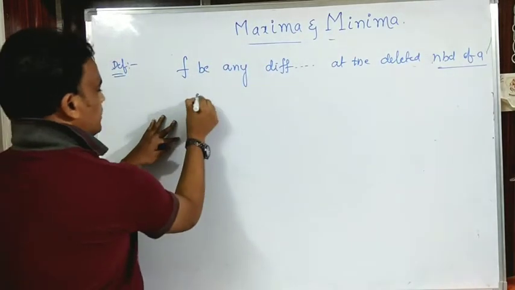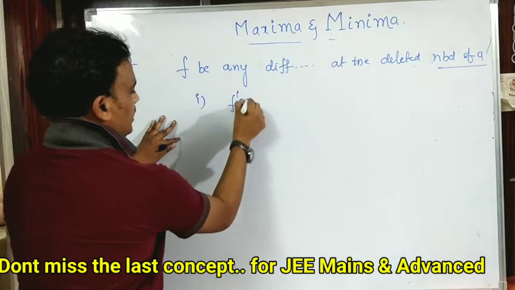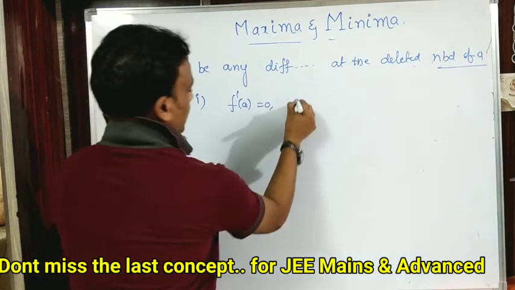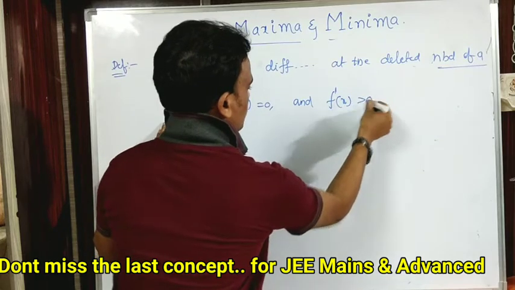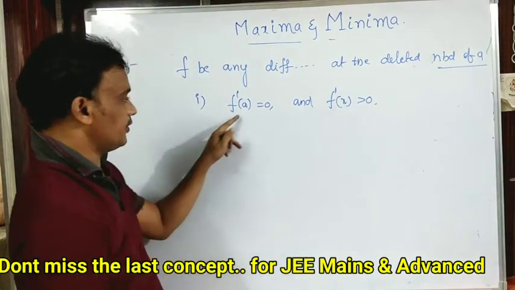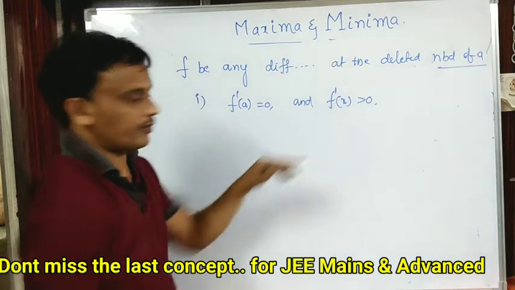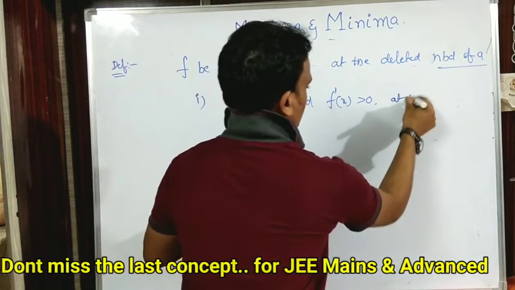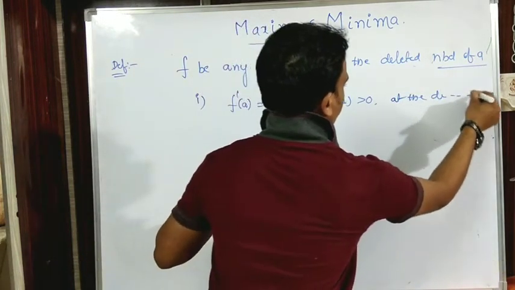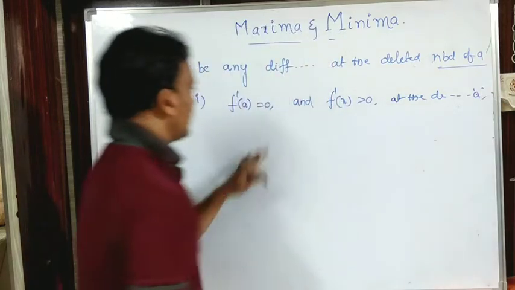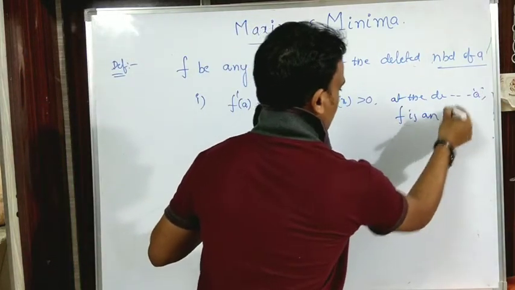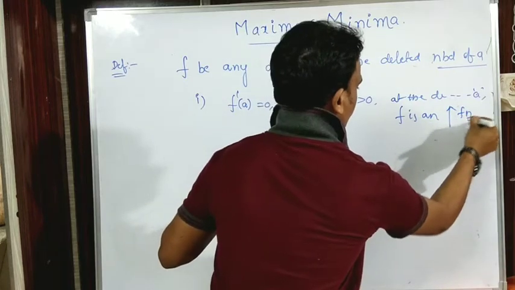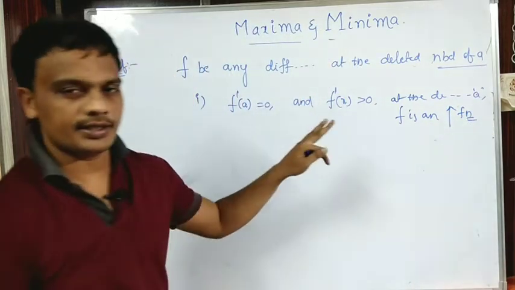Then I can define like this: f dash of a equals 0 and f dash of x is greater than 0 at the deleted neighborhood of a. Then I can say f is an increasing function.